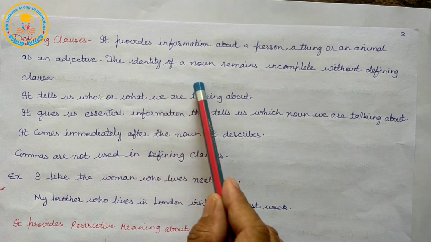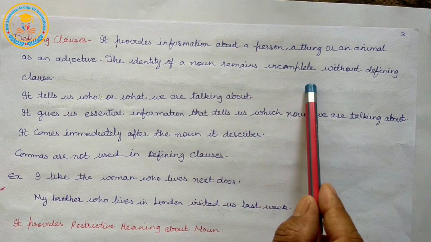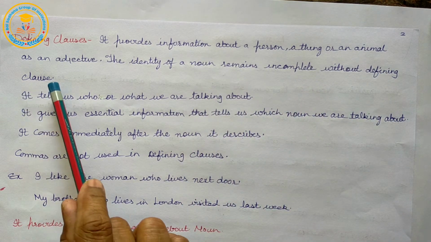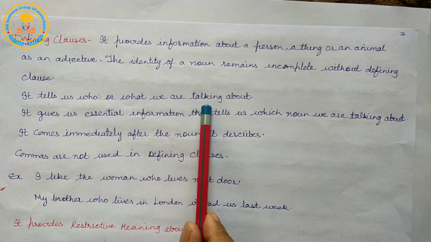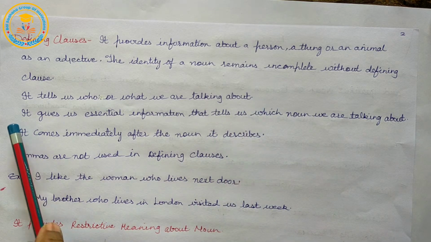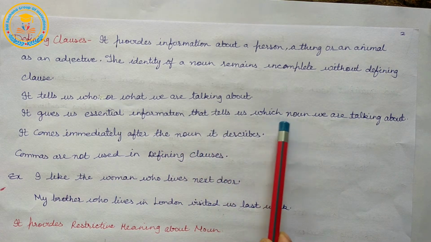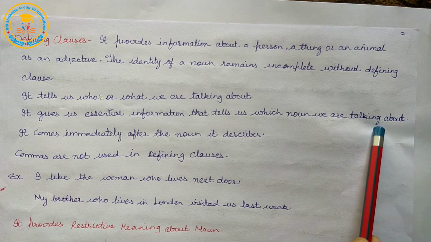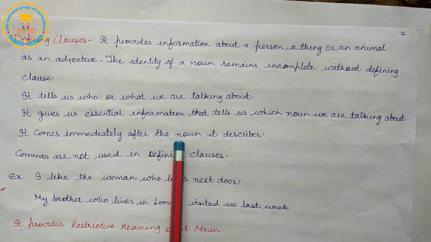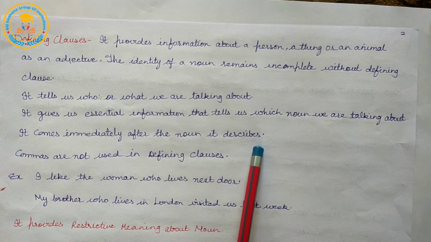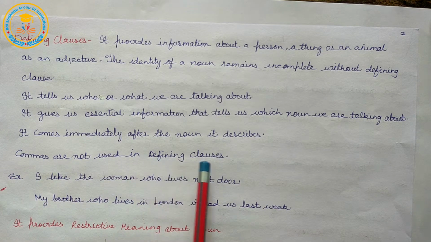The identity of a noun remains incomplete without a defining clause. It tells us who or what we are talking about. It gives us essential information that tells us which noun we are talking about. It comes immediately after the noun it describes. Commas are not used in defining clauses.